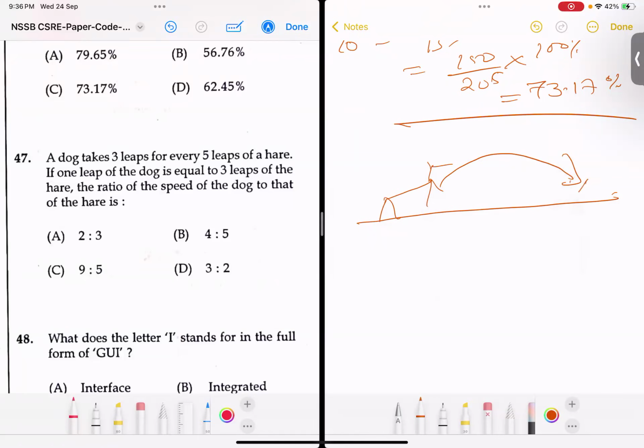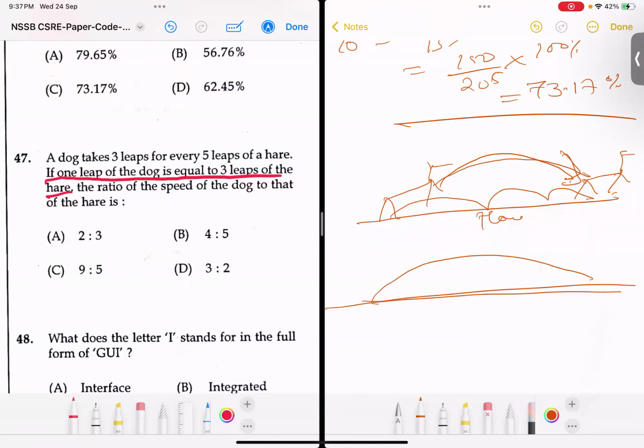Every time this dog leaps, the hare, so a dog, see, one leap of a dog is equal to 3 leaps of a hare. So every time a dog leaps, right, or jumps, it will cover 3 leaps of a hare, okay? So every time a dog leaps, it will be 3 leaps of hare, right? So which means the ratio is 1:3, okay?